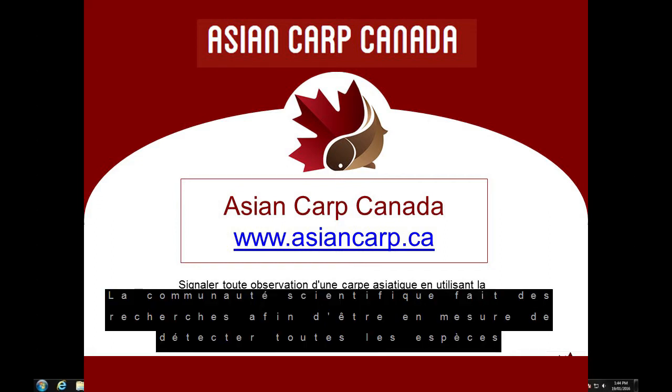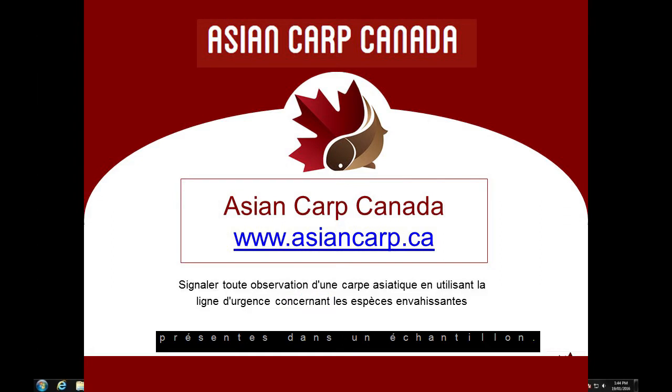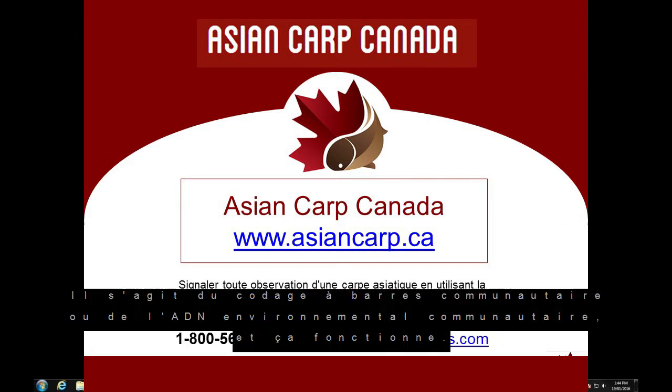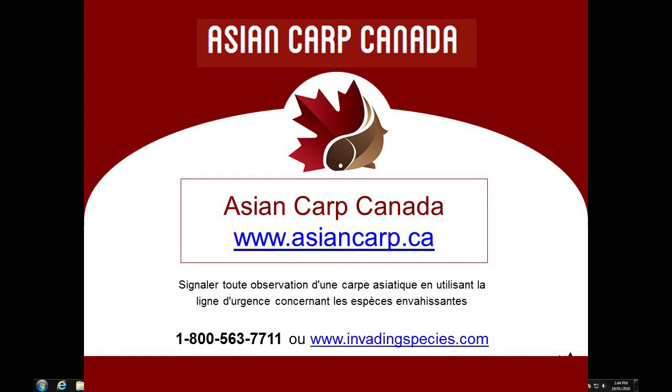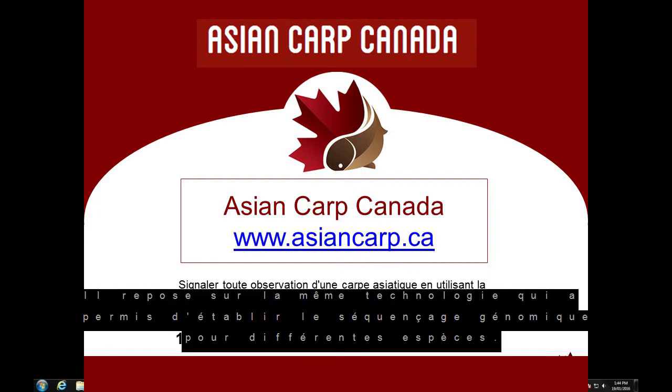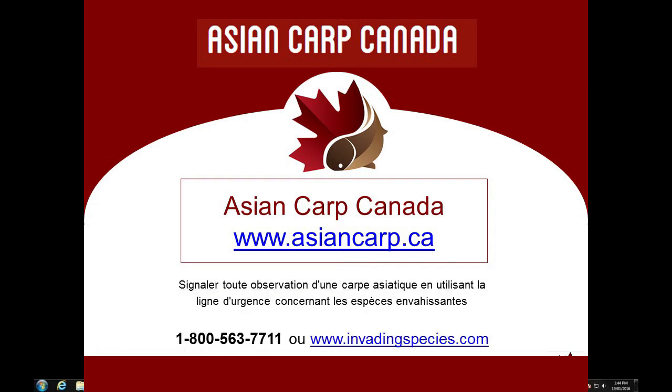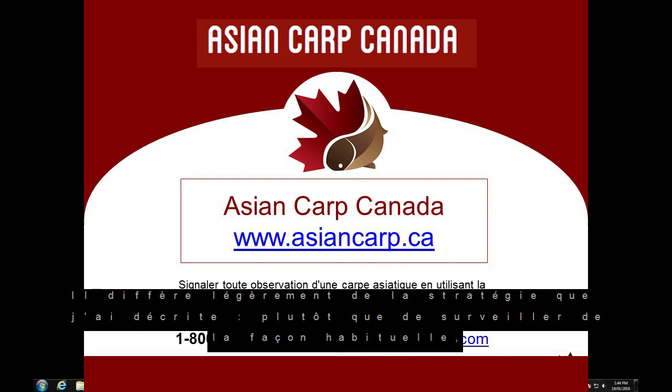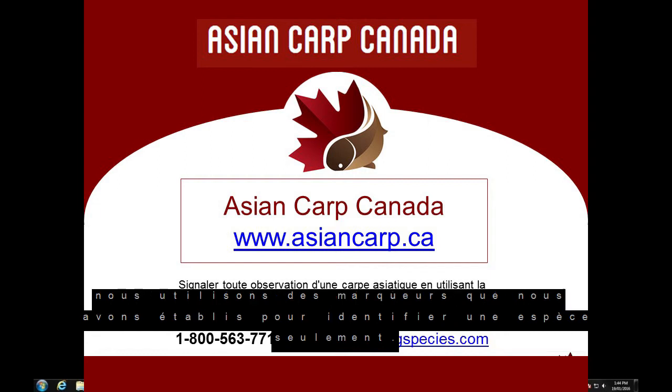People have been doing research on detecting all species that are present in the sample. It's called community metabarcoding or community eDNA, and it works. It relies on the same technology that has allowed genome sequencing for a lot of different species. It's slightly different from the approach that I've described, where instead of our normal surveillance, the markers we develop identify one species and one species only.